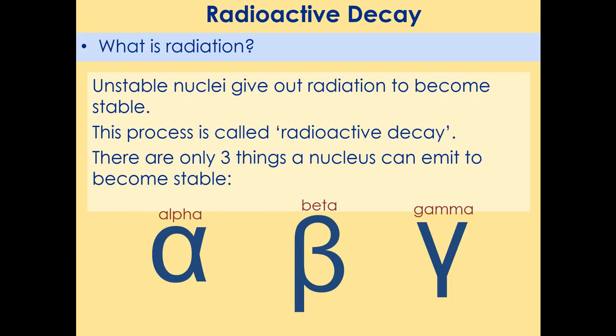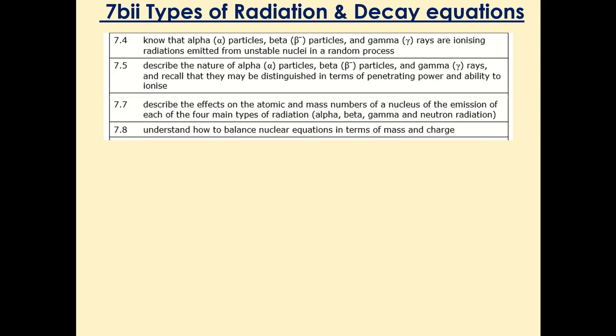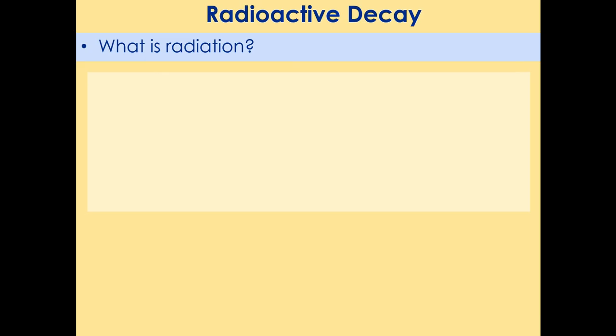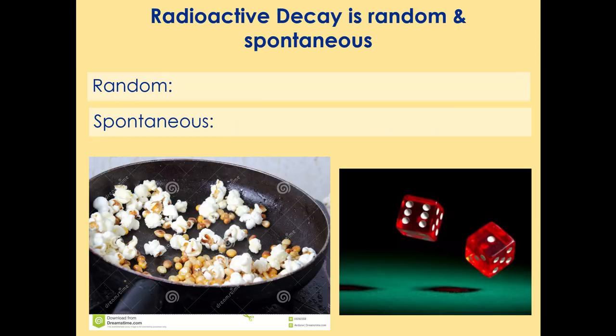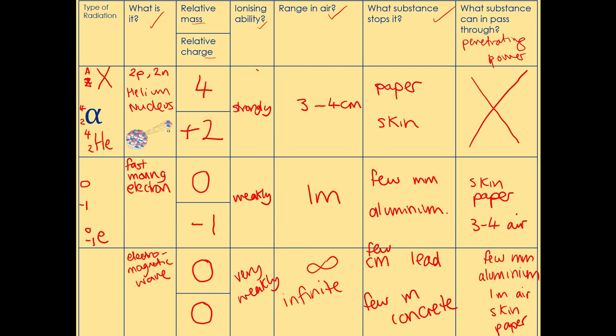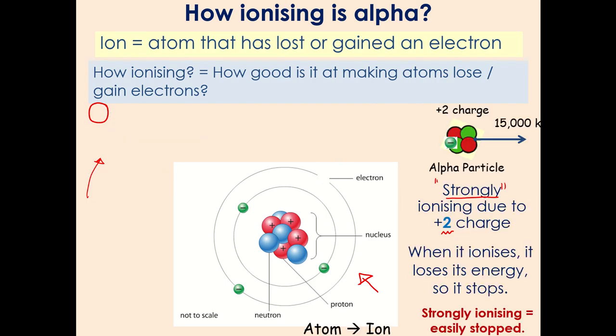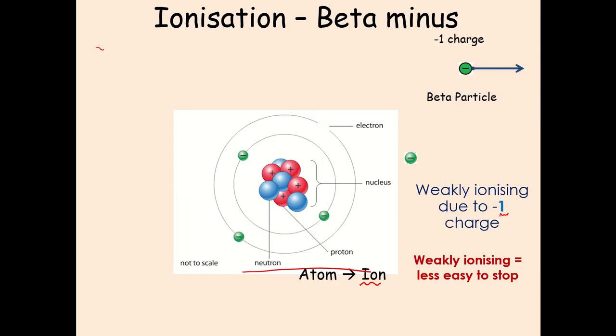The only thing to mention briefly is that this learning intention talks about neutron radiation. Neutron radiation is not given out spontaneously by unstable atoms, but it is something that we're going to meet later in this topic when we talk about something called nuclear fission.